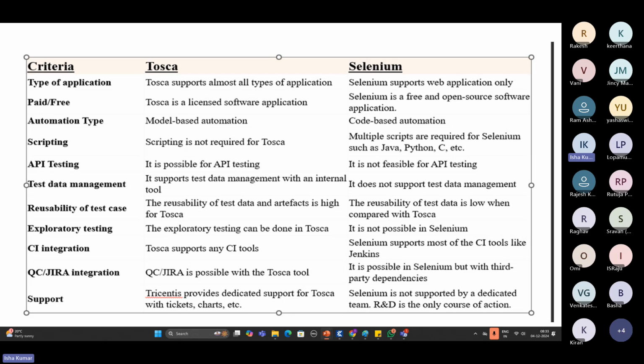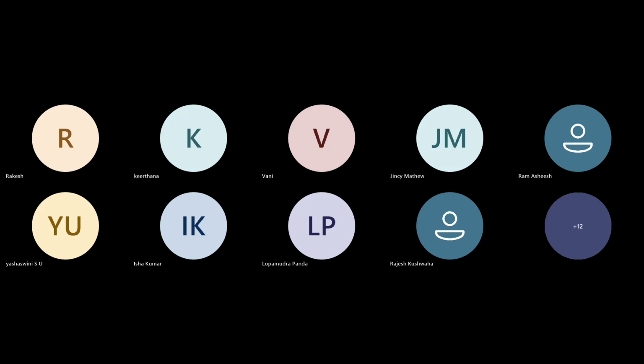Okay, so this is a very interesting topic for me. I would love to discuss the support that is given by the Tosca or Tricentis team, which helps us understand the different ways we can search for an issue. Okay, so generally, if you go for Selenium and you are stuck with something, what do you generally do?